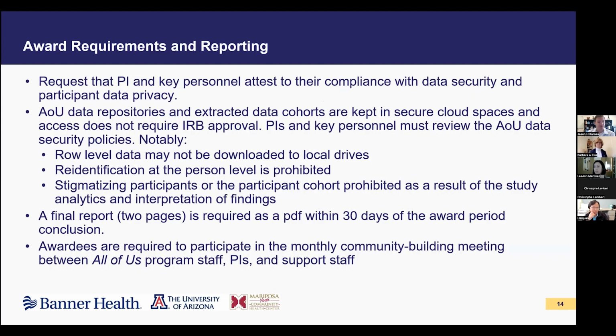In terms of reporting requirements, there will be an attestation of compliance with data security and participant data privacy measures. So this is required as part of your access to the workbench in the first place. But the PIs are not always the ones that are working on the workbench specifically, so they don't always have access. So we will ask for an additional attestation prior to the award.